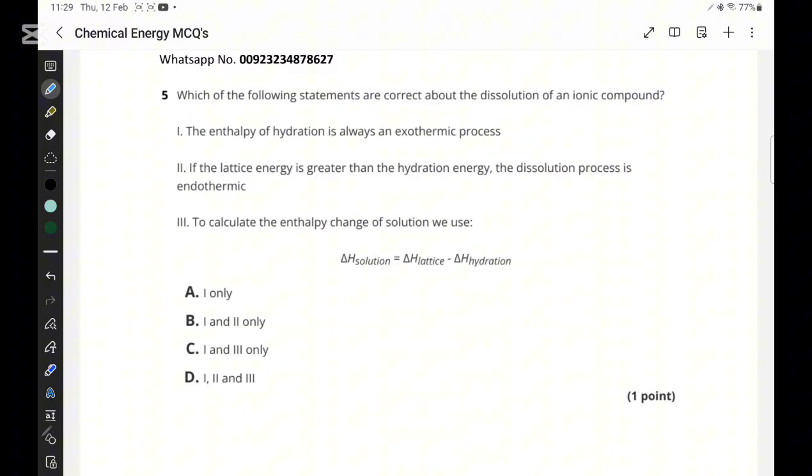In this question, they are saying which statement about dissolution of an ionic compound is right. First of all, enthalpy of hydration is always an exothermic process. Absolutely correct. Why?